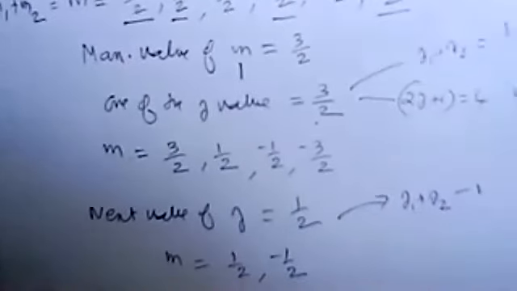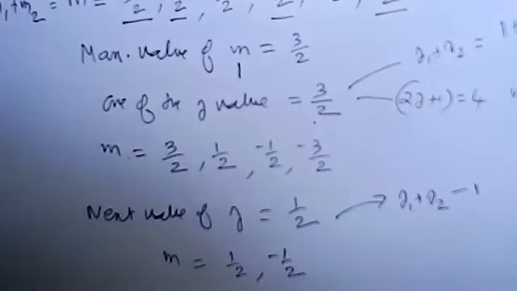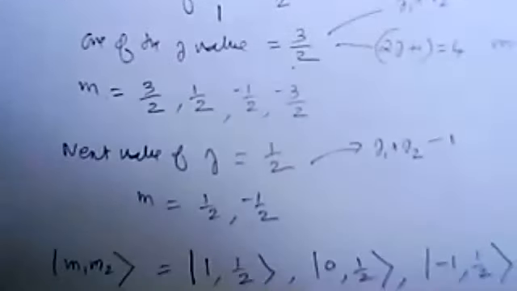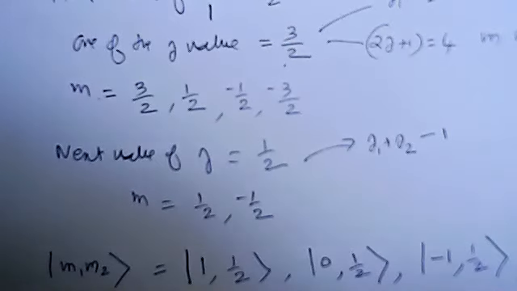Each J value can have 2J plus 1 M values. So what are the possible states of M1 M2, and what are the possible states of JM? Six states corresponding to M1 M2. These are the final states after addition, and these are the initial states.